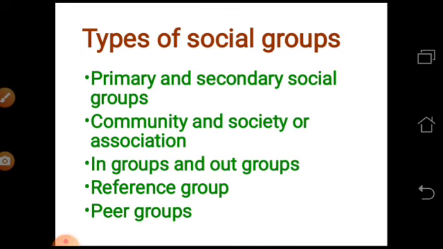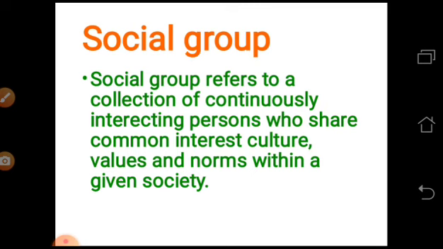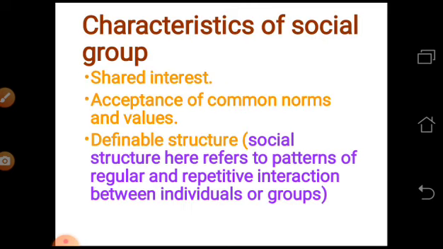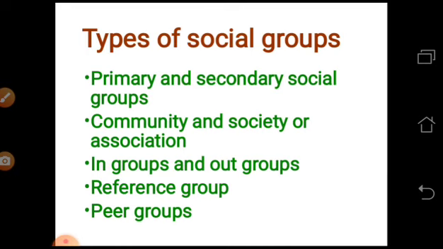In the same way the community or society is also almost similar to the primary and the secondary groups, if you see. A little bit different are the in-groups and the out-groups. In-groups, those who belong to a particular group, they have a "we" feeling, and there is a big difference with the "they" group. Reference group is a group that we do not become a member of, but we refer ourselves or try to identify ourselves with that group.